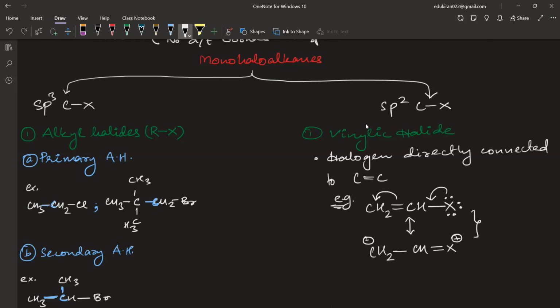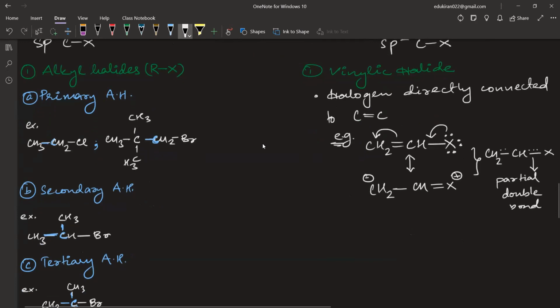And both of these will give you a resonance hybrid, which will be CH2, CH and X. And this bond, the CX bond, is having partial double bond character, and that is why it is tough to break.